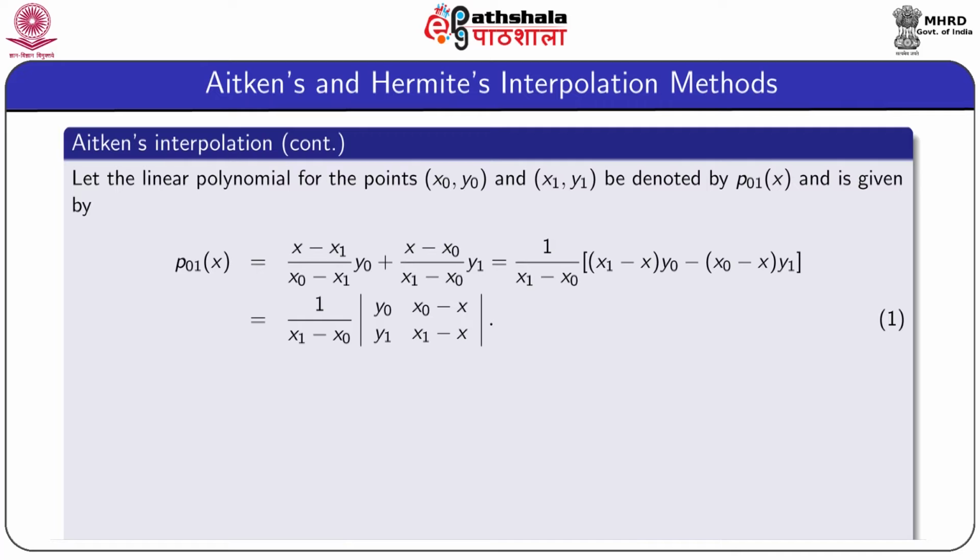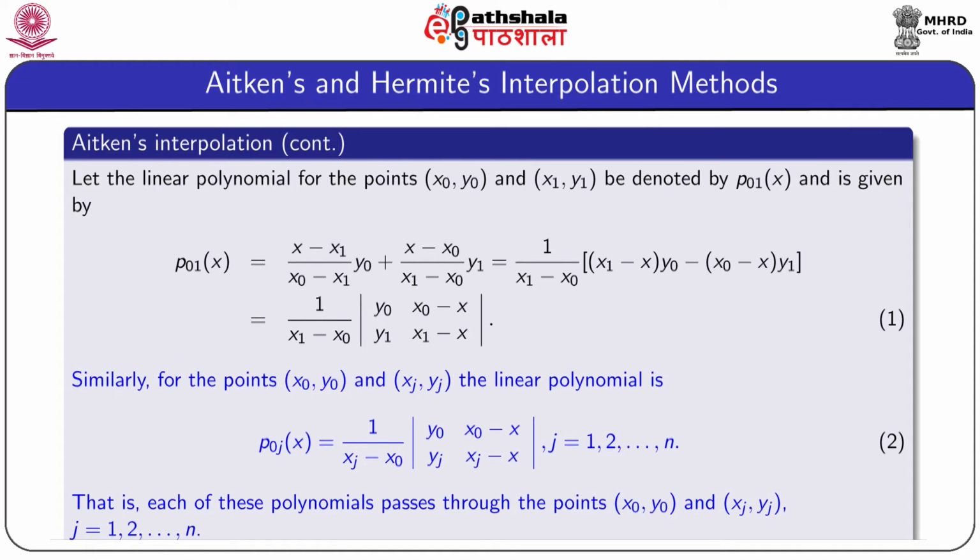After rearranging, this expression becomes 1 by (x1 minus x0) into [(x1 minus x) into y0 minus (x0 minus x) into y1], and the terms within the bracket can be expressed as a determinant of order 2. The first row contains y0 and x0 minus x, and the second row contains y1 and x1 minus x. So, this is the first polynomial p01(x).